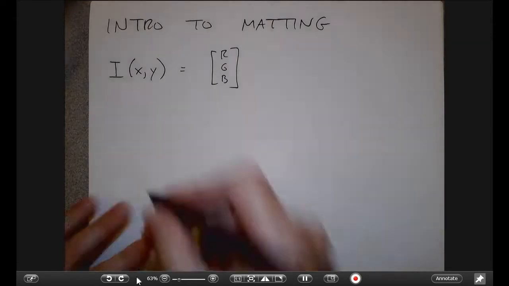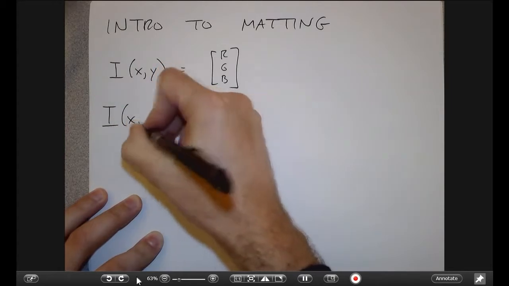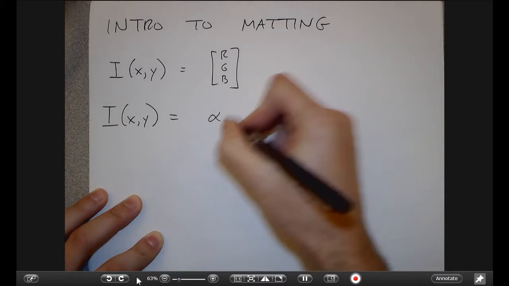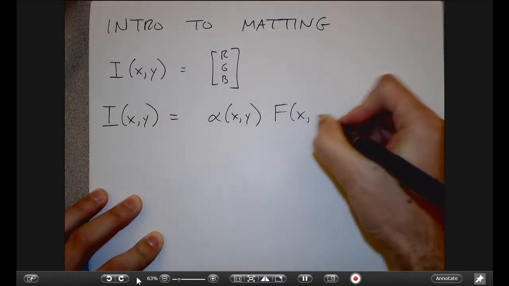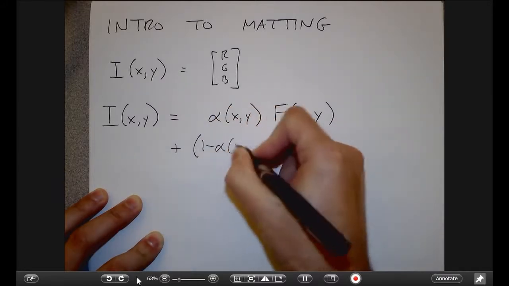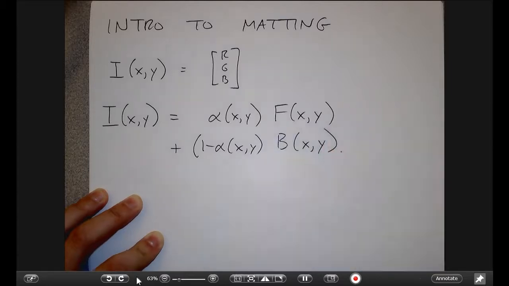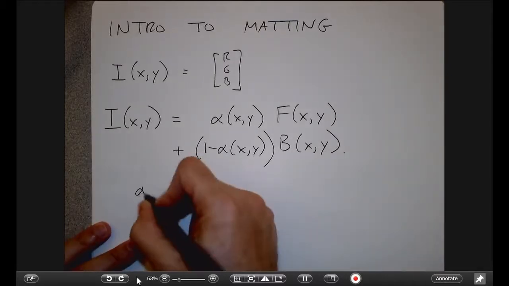And what we're saying is that at a given location, what I have is some mixture of a foreground image and a background image. So what happens when alpha is 1?